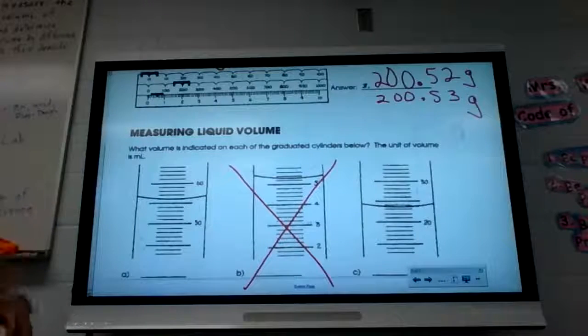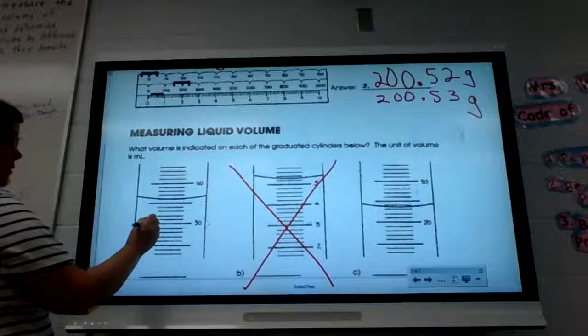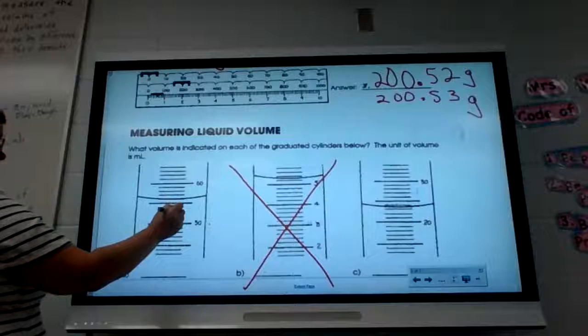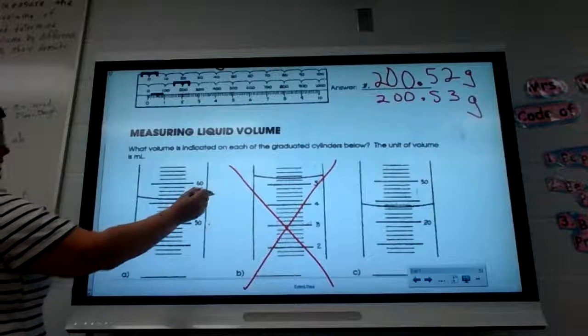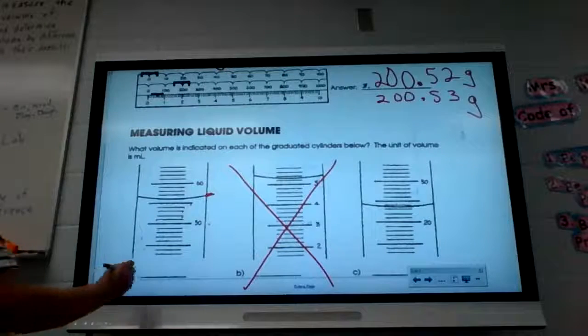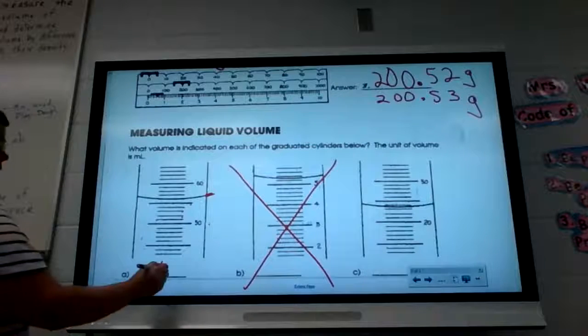In the tenths. So this is 50. So this is 50 what? This is 50. 53. 54. 55. So this is going to be what? What do you think? If you said 56, what's your guess?